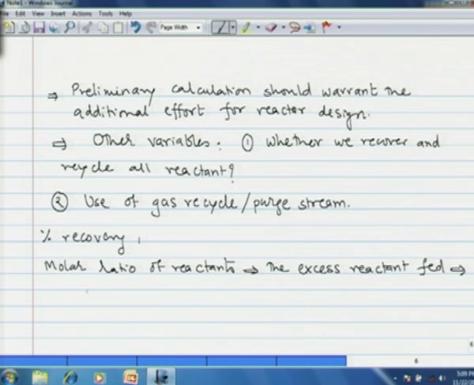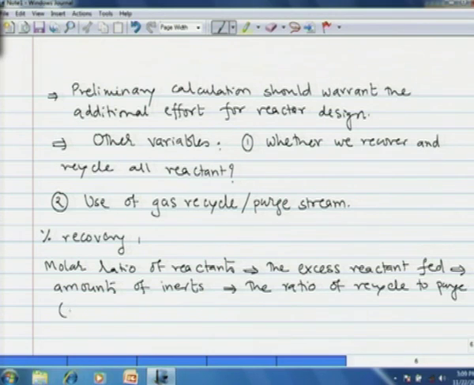Then next is the amount of inerts, the inerts that enter with the feed stream and the inerts that form in the process, and finally the ratio of recycle to purge, as what fraction of unreacted gas is recycled and how much is thrown out.